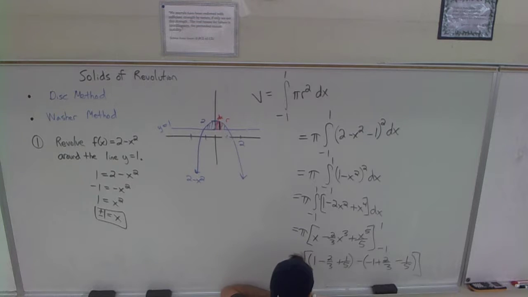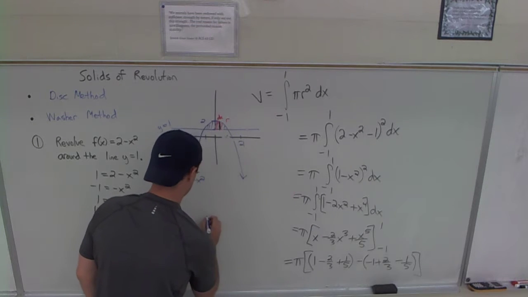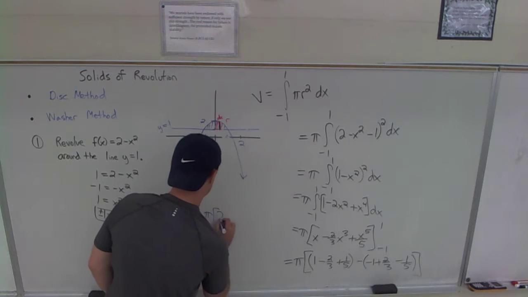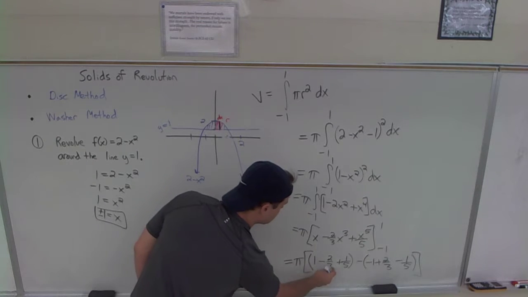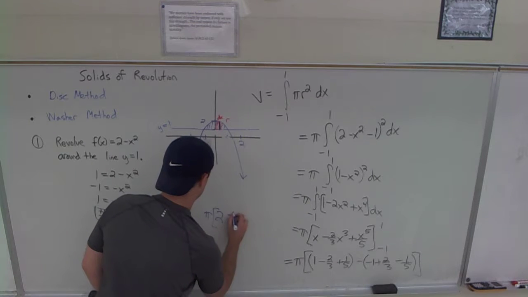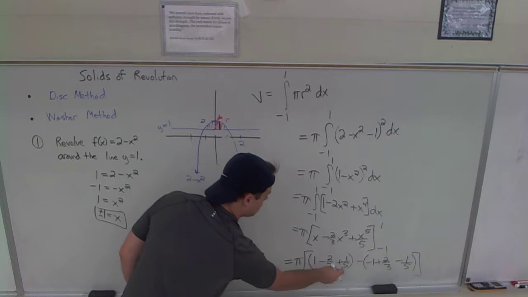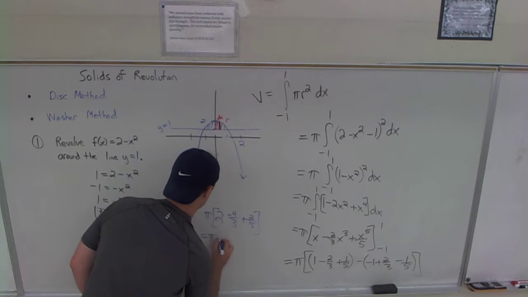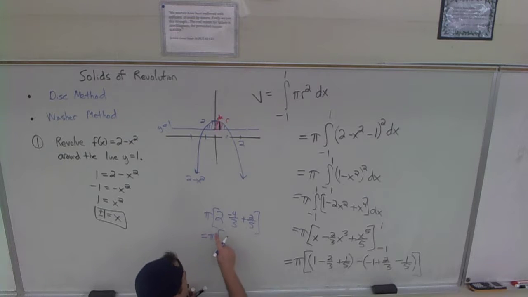And we just need to simplify, so that's going to be pi times 1 minus negative 1 is 2. Negative 2/3 minus 2/3 is minus 4/3. 1/5 minus negative 1/5 is 2/5. So that's going to be pi times, let's see, common denominator here would be 15ths.